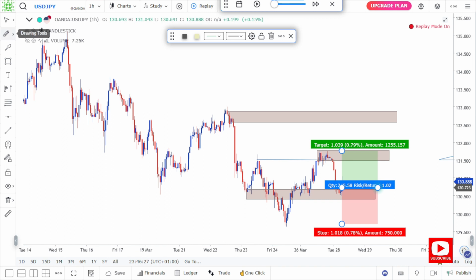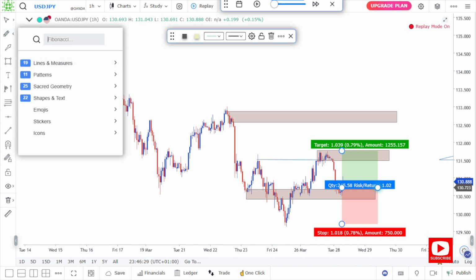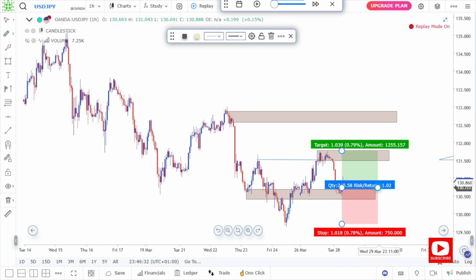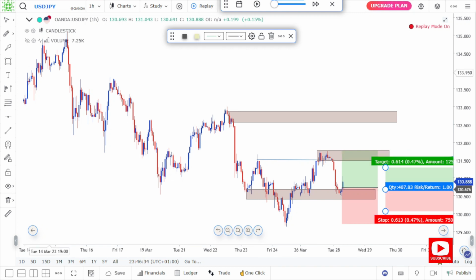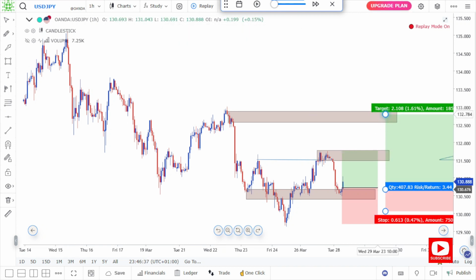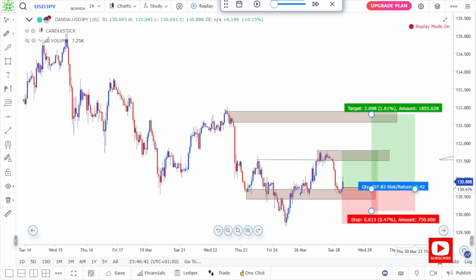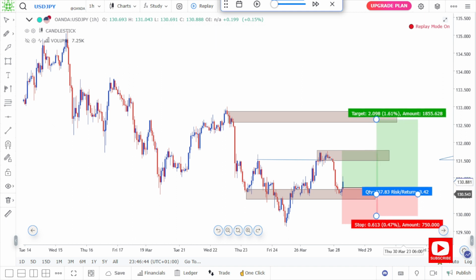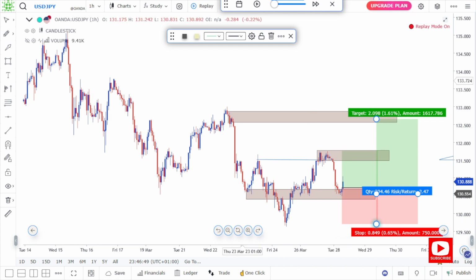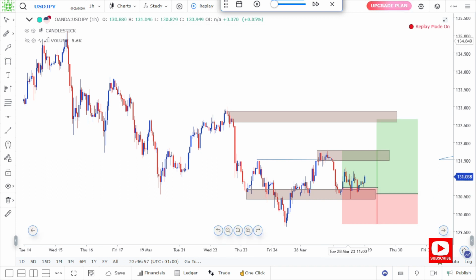And I'll take profit 2, which is going to be this zone right here. Let's see how this Quasimodo works out. Okay, TP1 touched and TP2 touched perfectly.